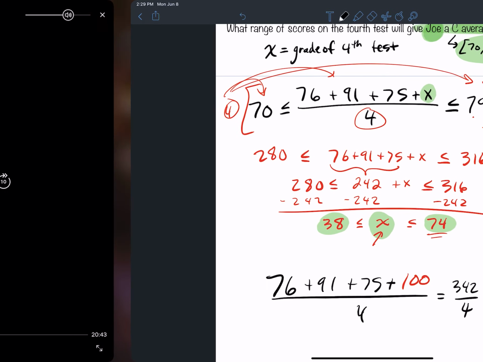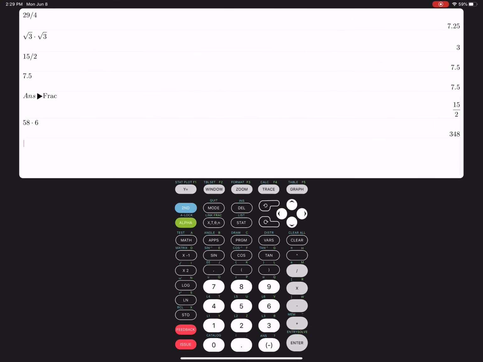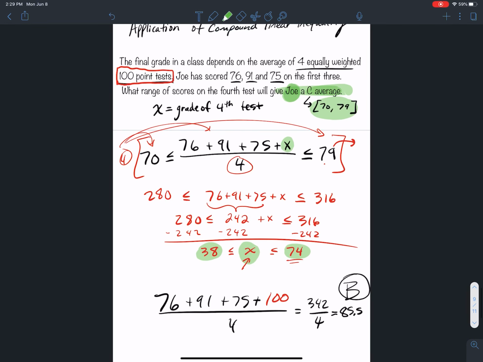And 342 over 4 gets me 85.5. So that's a solid B. So is it possible for Joe to get an A at this point? Sorry, Joe, that's about as close to an A as you're going to get. So the highest grade Joe could make would be a B for this class at that point.